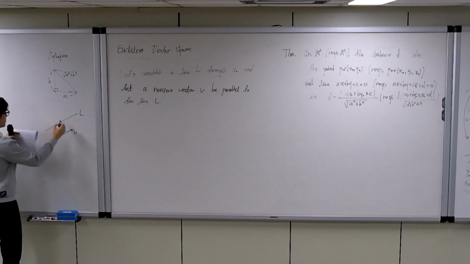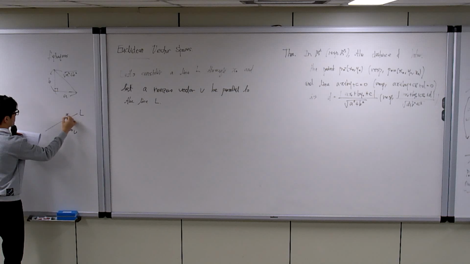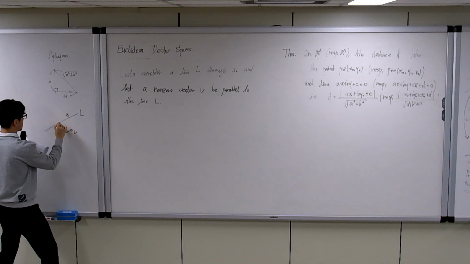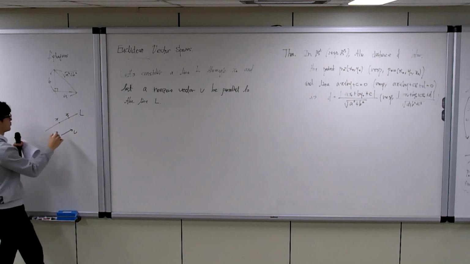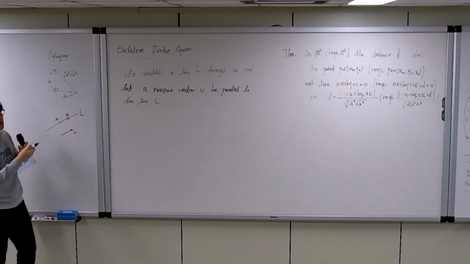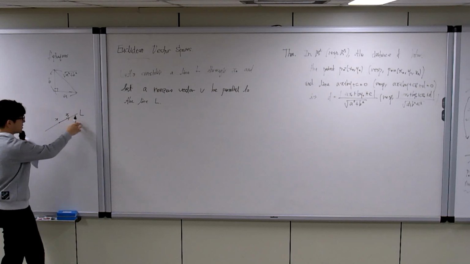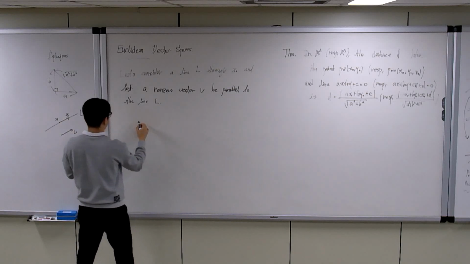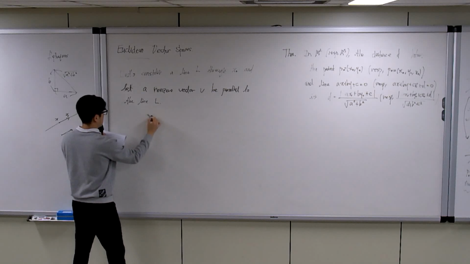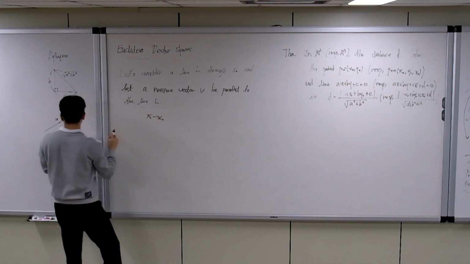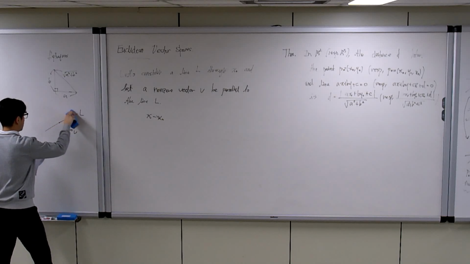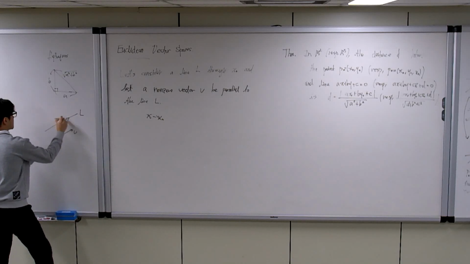if you bring an arbitrary point x0, and if you choose another point x, then you will get a vector in the line L as the vector x minus x0. I will rewrite it. This point is x and this point is x0.